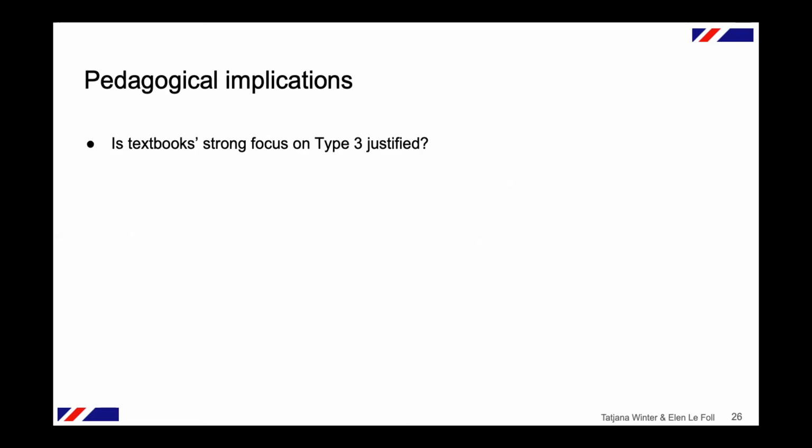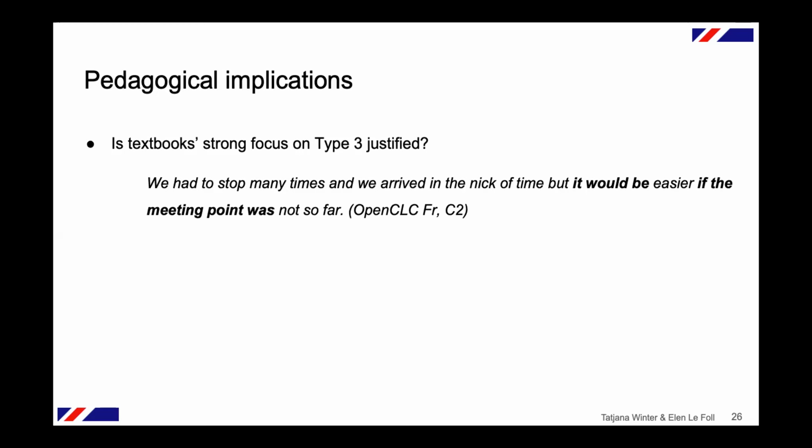But our analysis of the learner corpus has also shown that many of the learners seem to struggle with the formal aspects of this type. Like in this example sentence: we had to stop many times and we arrived in the nick of time, but it would be easier if the meeting point was not so far. So this is clearly an attempt to produce a type 3 conditional, but it wasn't very successful.